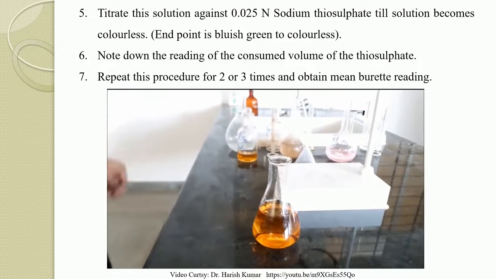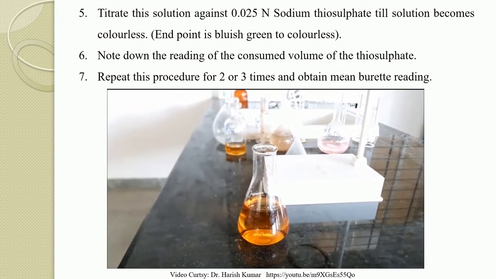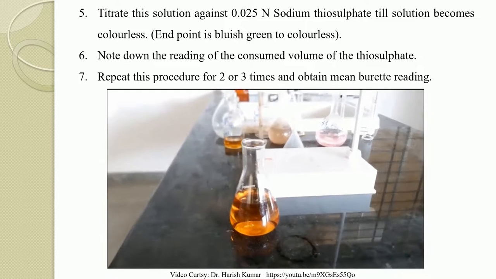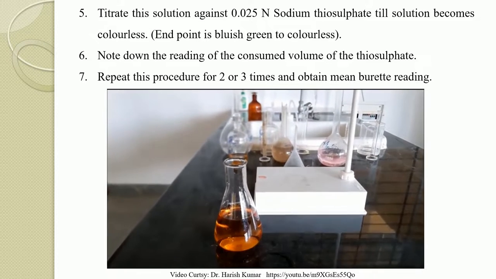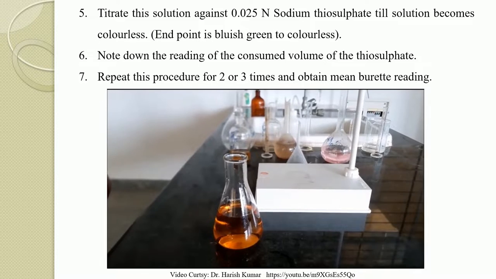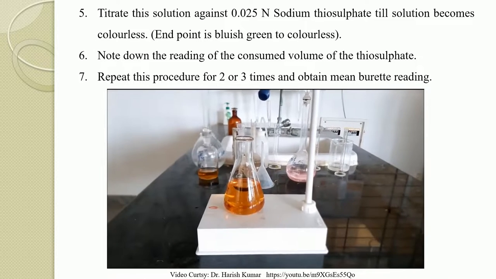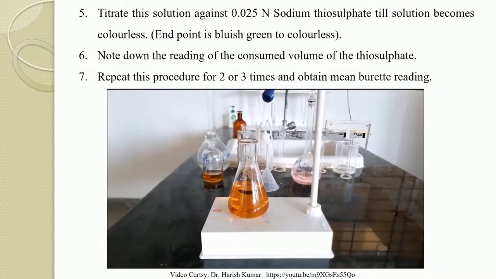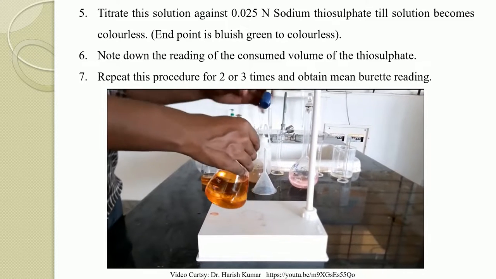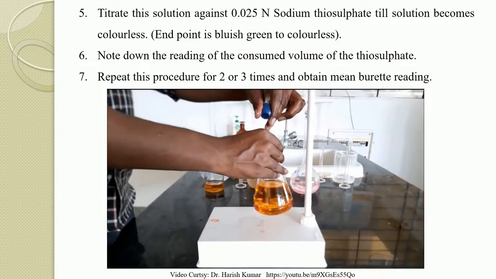So exactly 203 ml of sample is taken from the BOD bottle into the conical flask, to titrate it against sodium thiosulfate solution. Now the solution will be titrated against standard sodium thiosulfate solution until it turns to pale straw color.